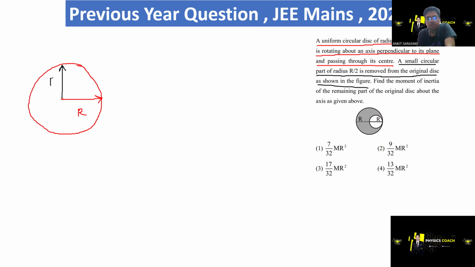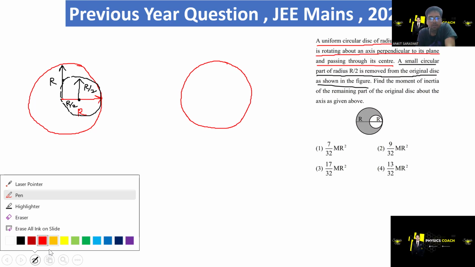So this portion is r by 2. It's an easy question: if we remove this portion, then we need to find the moment of inertia of the remaining disk.